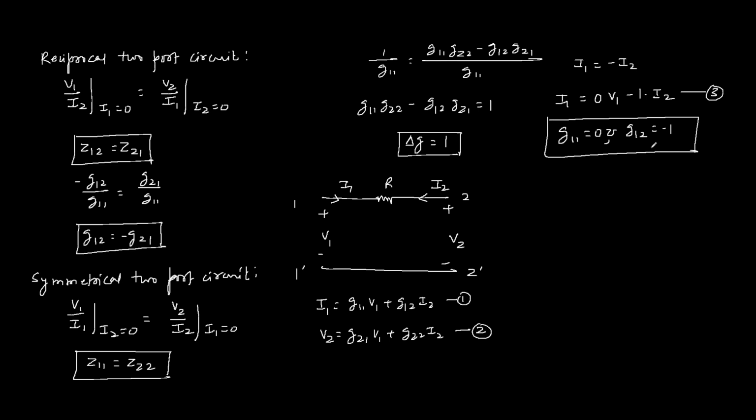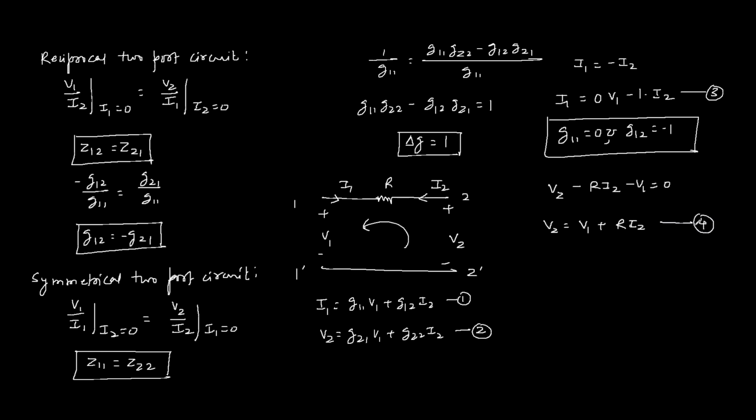Now let us apply KVL in this loop. Rise in voltage, in fact, in this way. Rise in voltage V2 and then drop across R is R I2 and then drop again V1. So this V2 is V1 plus R I2.